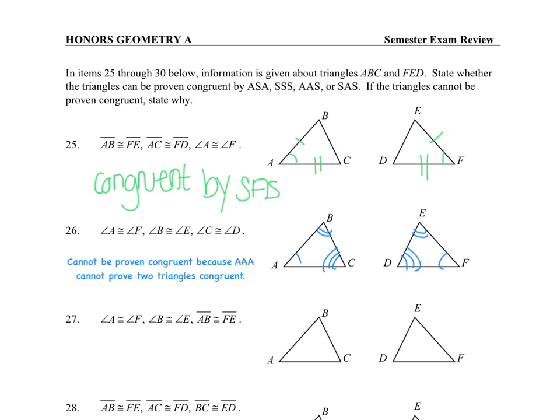Question 27 says angle A is congruent to angle F, angle B is congruent to angle E, and AB is congruent to FE. Well, this one, we can see that they're going to be congruent by angle-side-angle, because what we have is an angle, an included side, and another angle, and that proves triangle congruency.